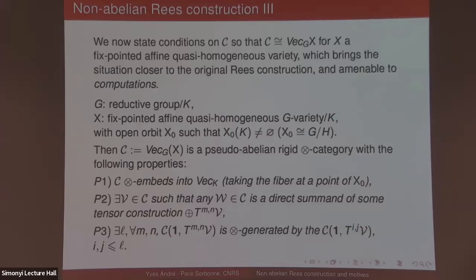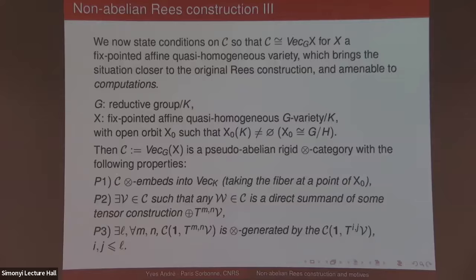Then, if one looks at the category of equivariant vector bundles, which I denote by C, this is a pseudo-abelian tensor category, which is even, and it has the following three properties.